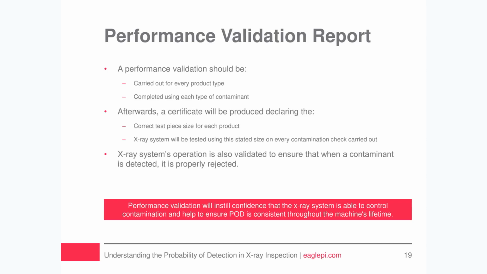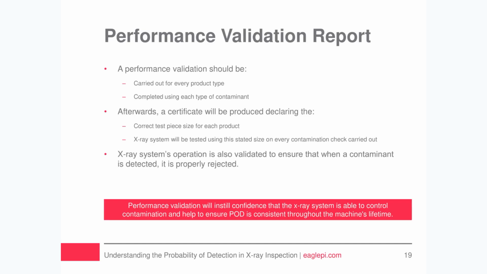It should be completed using each type of contaminant that will be used in the routine checks, and these are typically stainless steel, ferrous, non-ferrous, aluminium, and glass. Afterwards, a certificate will be produced declaring the correct test piece size for each product and the X-ray system. The X-ray system will then be tested using this stated size on every contamination check carried out.